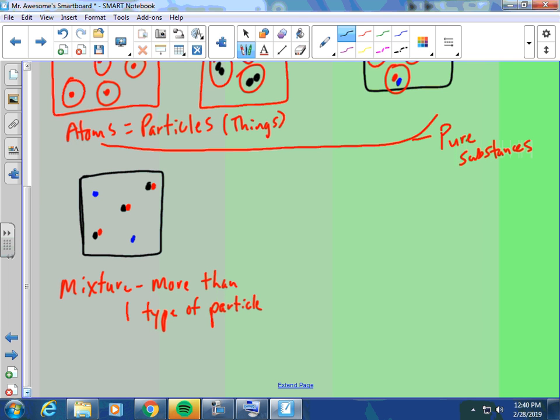And the last one, if I wanted to make a mixture of compounds, I'm just going to make more than one different type of compound. So maybe I'll do the black and red stuck together again. But now instead of being mixed with just blue dots, elements, maybe I'll make a green and blue compound also.